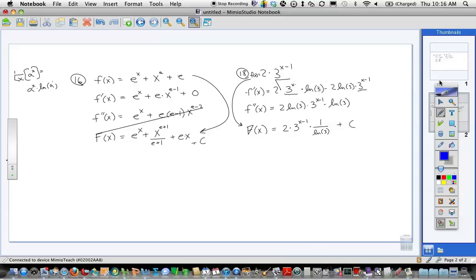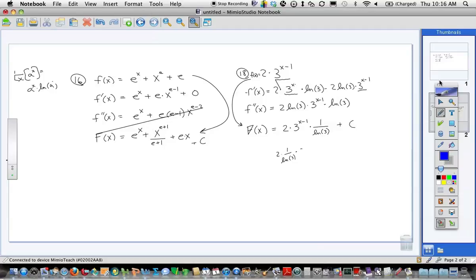So if I was to do the derivative of this to check, we'd say, well, the 2, that's just a number. It's just going to hang out. What about 1 over ln3? Just a number. So that's just going to hang out. So all we're going to do is this derivative. Well, what would we do? So this and this would be hanging out. So we'd have 2 and this. And like Tyler said earlier, I could make that 2 over ln3. But so I got this and this.